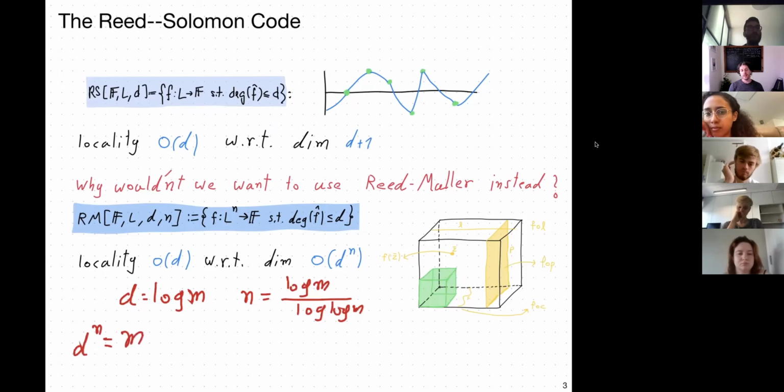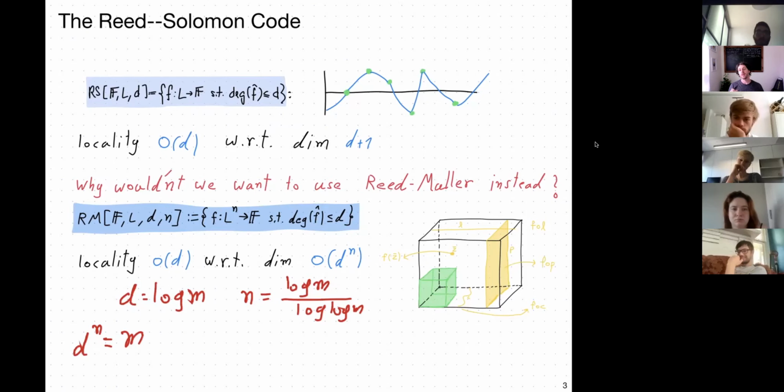So what does it mean? It means that I can have dimension of M. I can write my information with M. So for example, I can write the colors of M vertices of the graph, but then the locality would be log M. So the locality is exponentially smaller than the size of the data that I'm encoding. Okay, but these are just parameterizations.